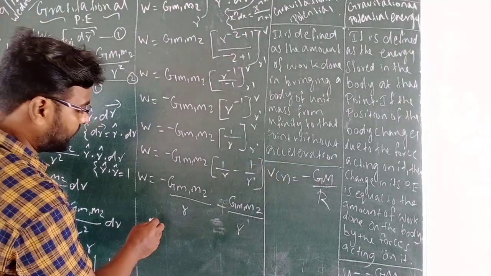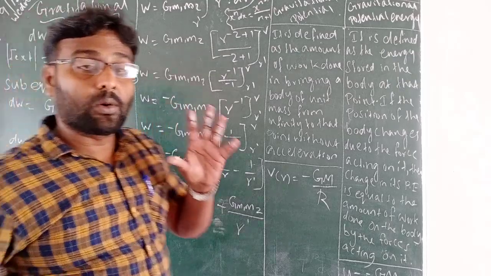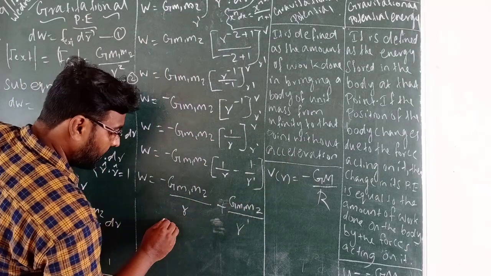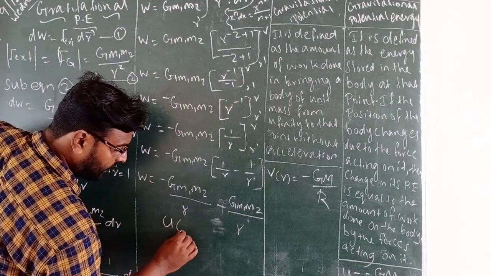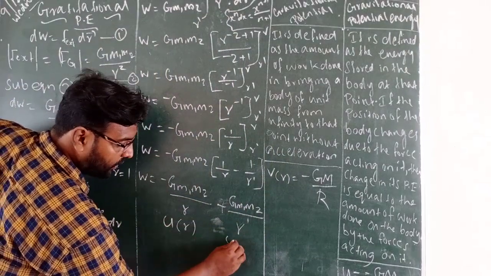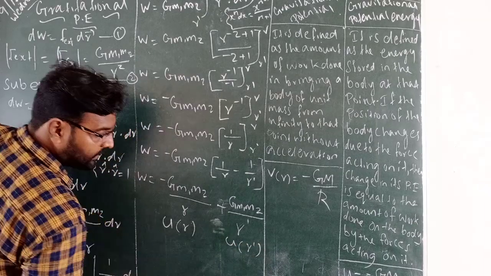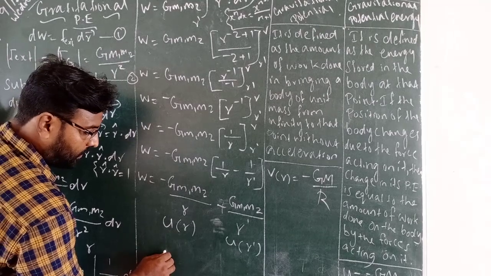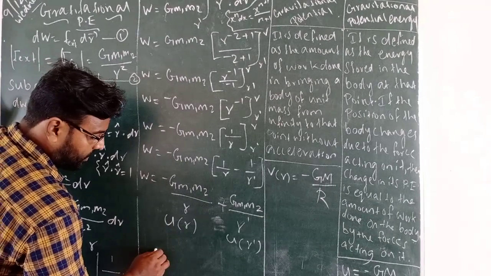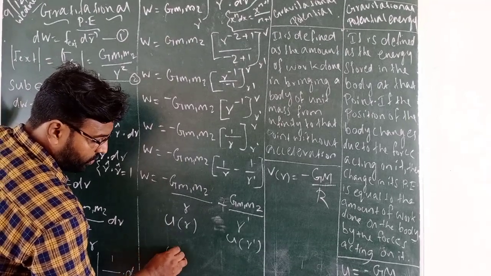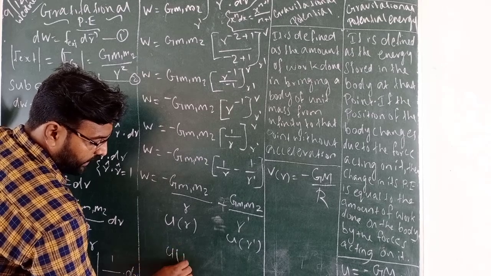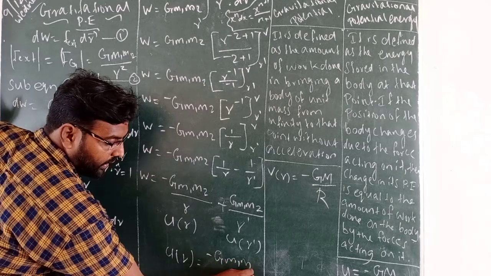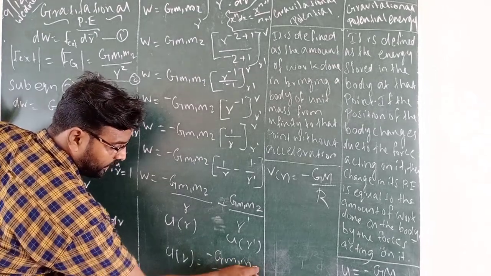Now we can write this equation. This is equal to the gravitational potential energy U, here U of R and here U of R dash. Now we know what this potential energy value is. So U of R we have taken as minus G M1 M2 by R.